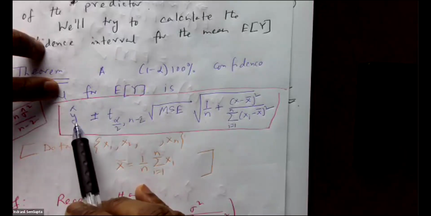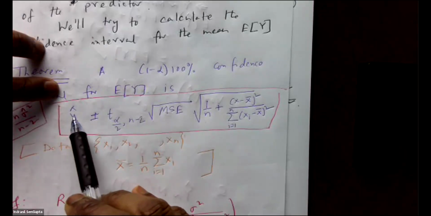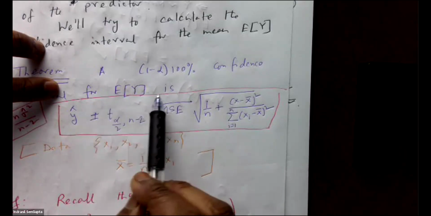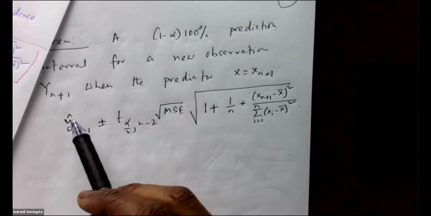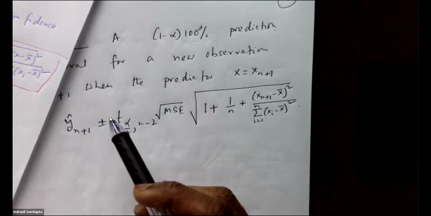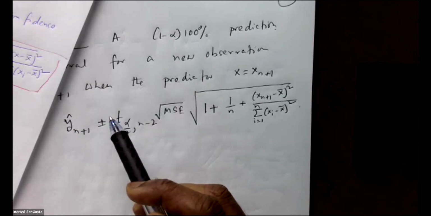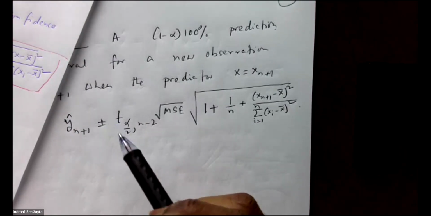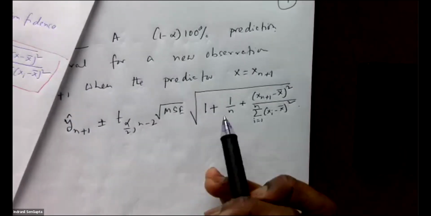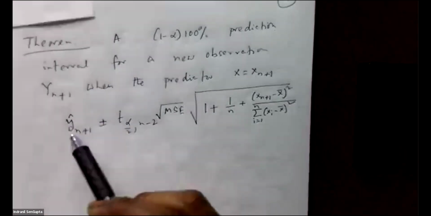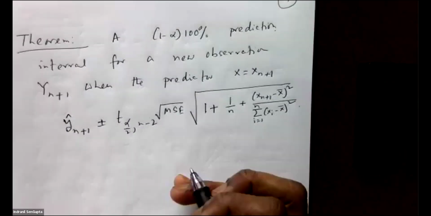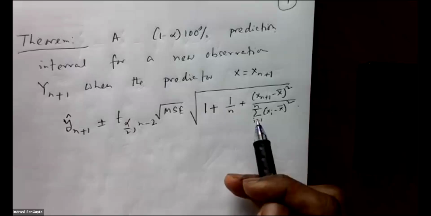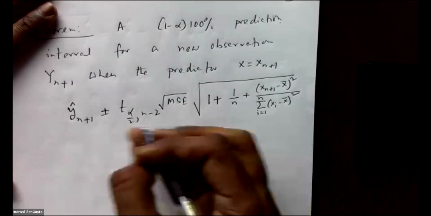So here the observed value of y is the y hat, and based on that we are trying to have an estimated interval for E of y. And here the observed value is y n plus 1 hat, and based on that we are trying to have a confidence interval for this y n plus 1. Okay, let's do it. Everything else is the same except for that one.